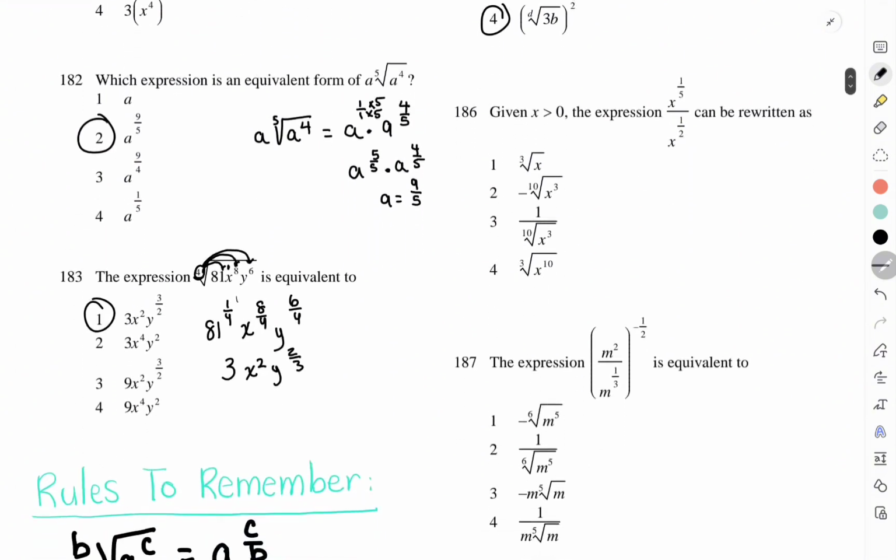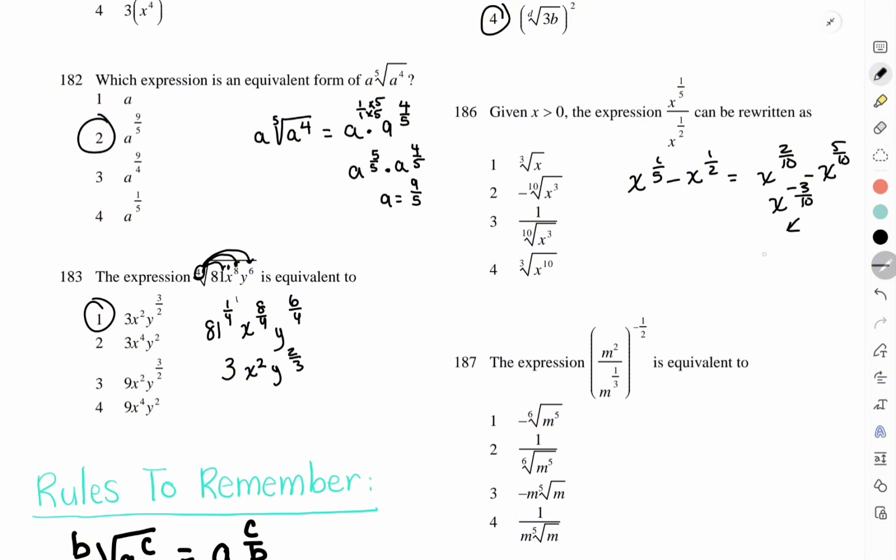And then question 186. Given x is greater than 0, the expression x to the 1/5 divided by x to the 1/2 can be rewritten as, when we divide, we subtract the exponents. So x to the 1/5 minus 1/2. We do the common denominator, so that would be 2 over 10 minus 5 over 10. So x to the negative 3/10.